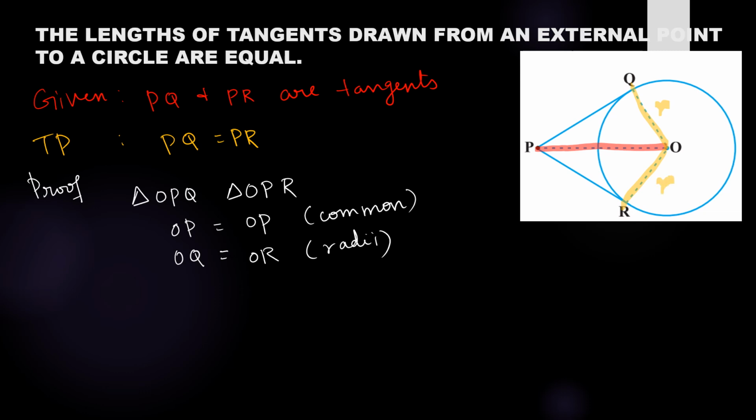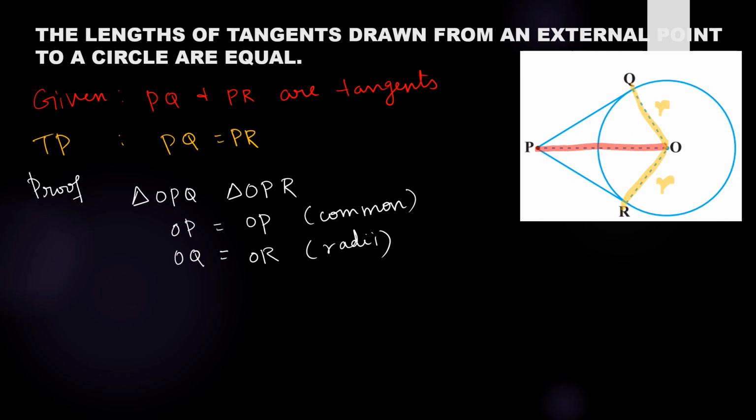Last, we already studied that the angle between the tangent and the radius is 90 degrees. PR is the tangent and OR is the radius, so the angle between them is 90. The same way, PQ is a tangent, OQ is a radius, and the angle between them is 90.